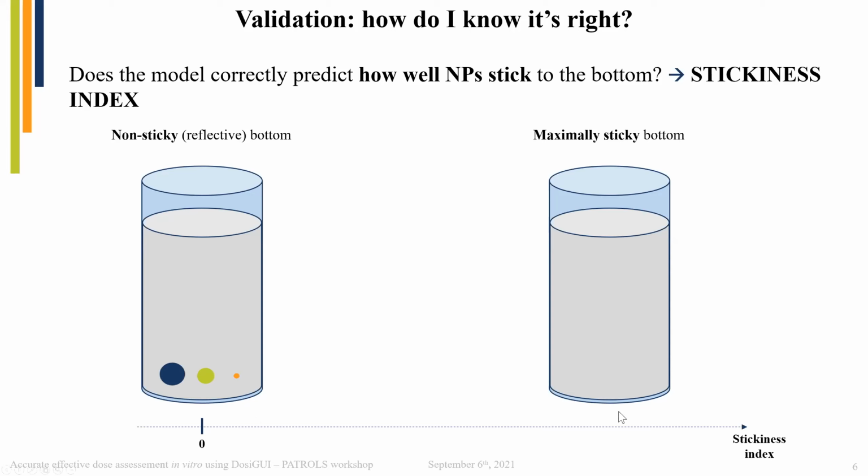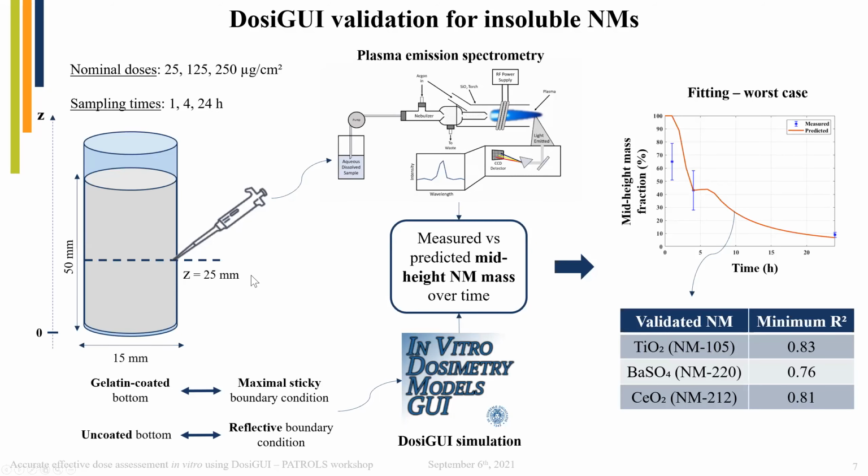So what we did was we tried to actually measure the stickiness for different experimental situations. In order to validate the models in terms of the amount of nanomaterial as a function of time, as a function of space, and as a function of the stickiness of the bottom surface, we went, together with Ilaria's group, Anna Costa's group, and measured the amount of nanoparticles as a function of time in the middle of a well as the particles deposited.